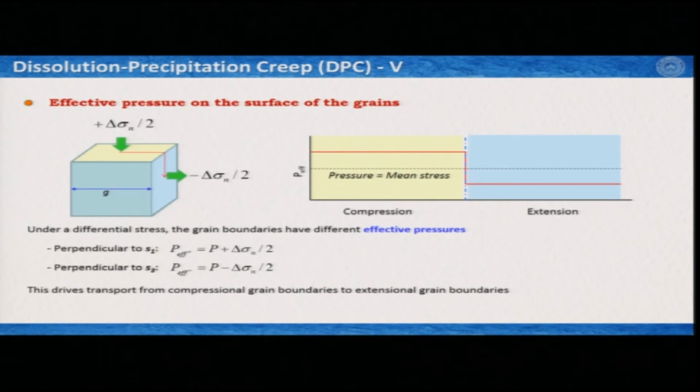Now, what we see here, if we consider that this cube is a grain, where one arm of this grain has a length of g, and if I apply some force on this surface, this stress, which is a positive stress, compressive stress, and then on the other side we have a negative stress, a tensile stress.